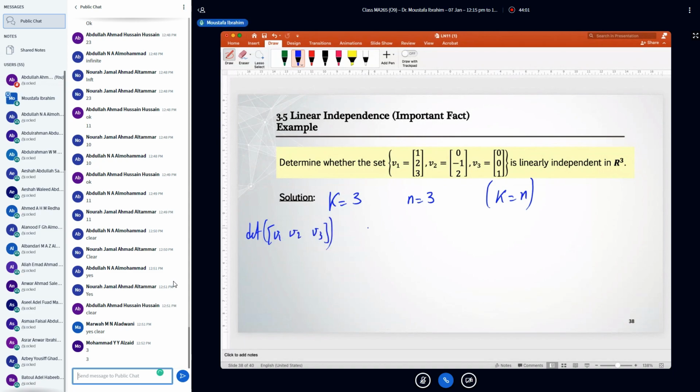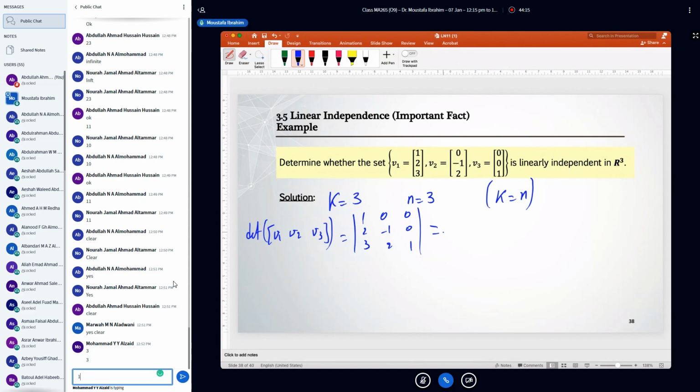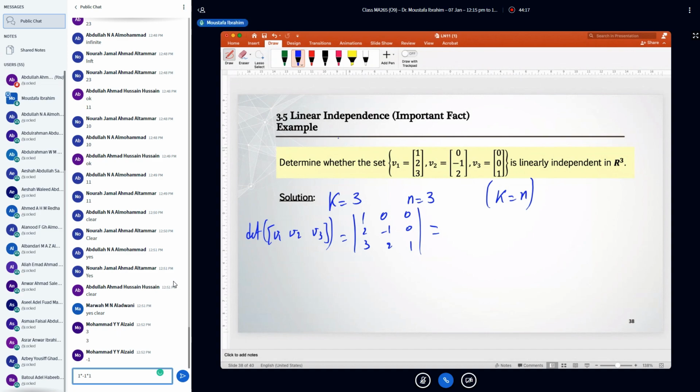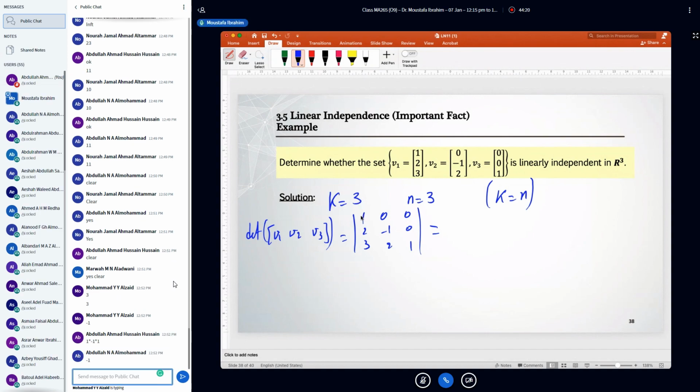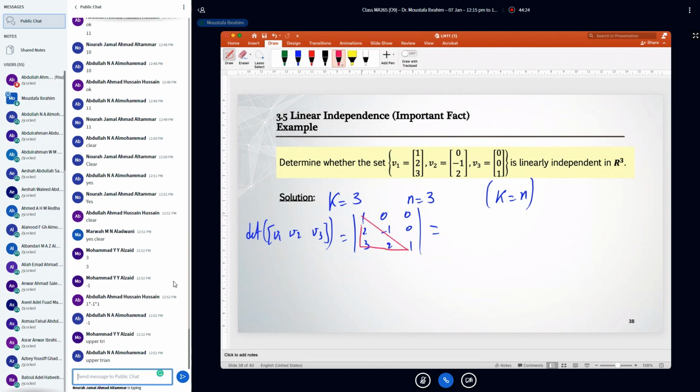Here it means column, column, column. So the determinant of the matrix with entries 1, 2, 3, 0, minus 1, 2, 0, 0, 1. What's the determinant of this matrix, guys? Very good. Why minus 1? Because this one is triangular, so it will be 1 multiplied by negative 1 multiplied by 1.